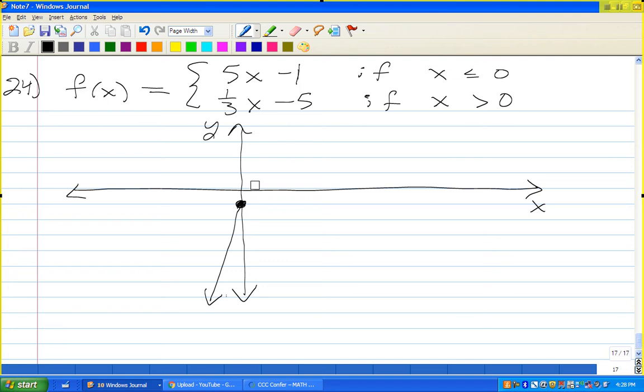Notice that I erased sort of the rest of the graph because it's only true if x is less than or equal to 0. If x is greater than 0, well, it has a y-intercept at negative 5 and has a slope of 1/3. So you go over 3, up 1.